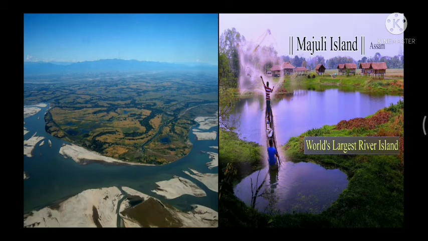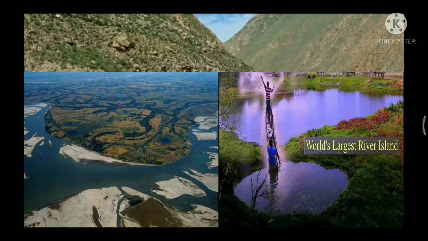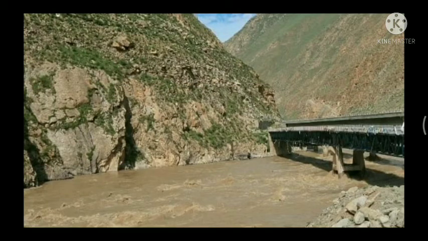And do you remember the name, guys? That is Majuli Island. It's the world's largest river island, formed by the Brahmaputra river. Okay, now every year during the rainy season, the river overflows its banks, causing widespread devastation due to floods in Assam and Bangladesh.